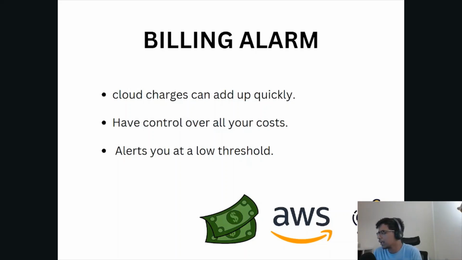So it increases your cost visibility. Billing alarms provide increased visibility into your AWS spending. They allow you to track your expense in real time over specific periods, making it easier to monitor cost trends, identify cost spikes, and allocate resources efficiently.